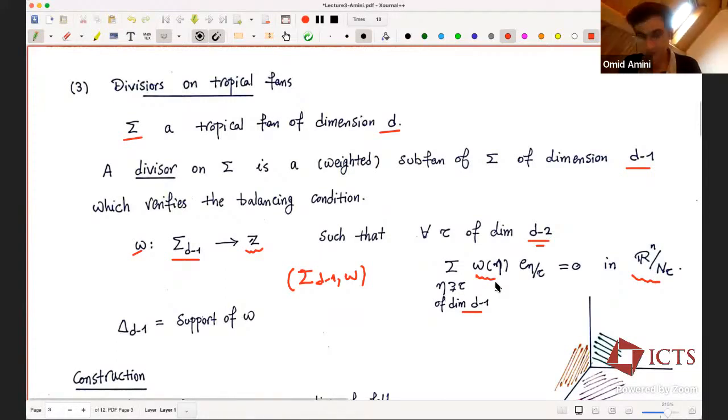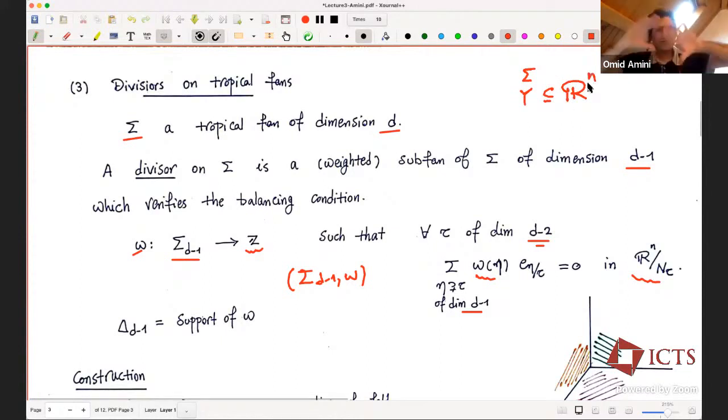Yes, yes. N should be d minus 1 over there. Sorry? You have written Rn by n tau, that Rn should be Rd minus 1. No, because these vectors. So okay, the dimension is d, but the sigma, the fan associated with the sigma, lives inside Rn.